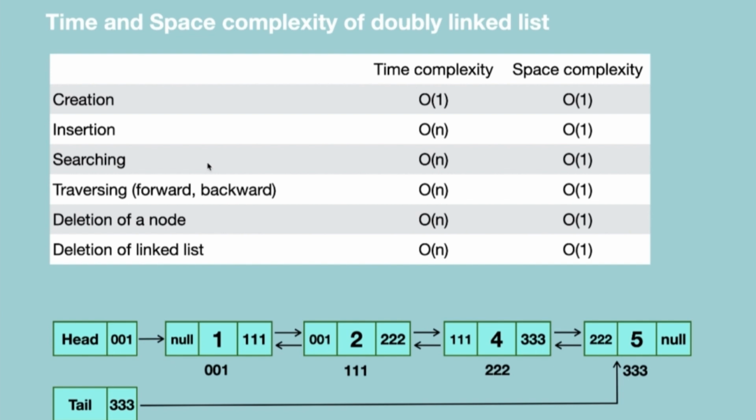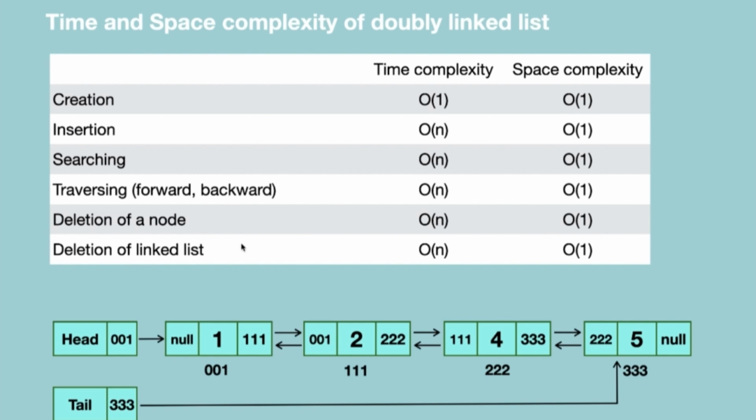So that's why in the worst case deletion of node from double linked list takes O(n) time complexity, but deleting a node from the end of double linked list takes O(1) time complexity. So if we combine these three cases, in the worst case we get O(n) time complexity. Now the space complexity obviously is O(1) because here we are just deleting one element from double linked list.